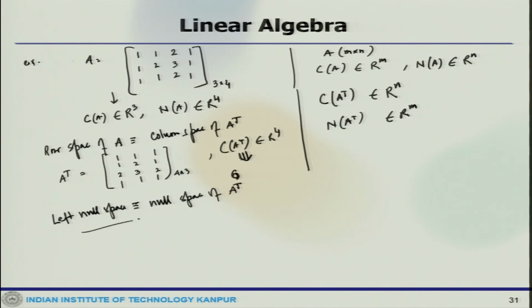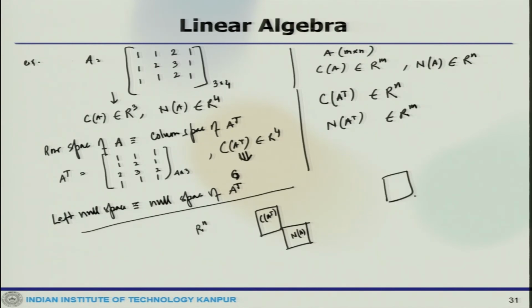So, if we put these in a kind of picture, here this would be my column space of A transpose and null space of A, which is in R n.